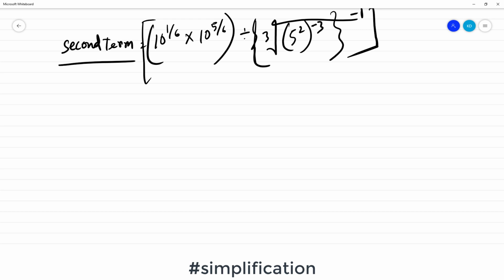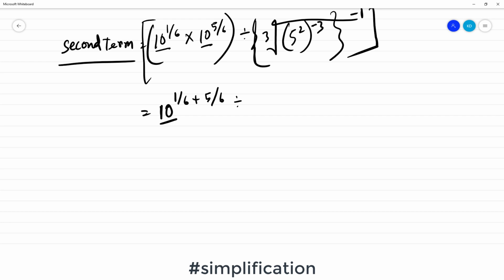Now solve this problem. This is a very easy one. So 1 by 6 plus 5 by 6, because the base is the same, you can write it like this.